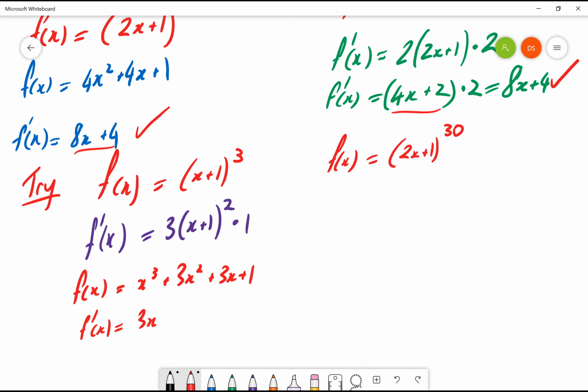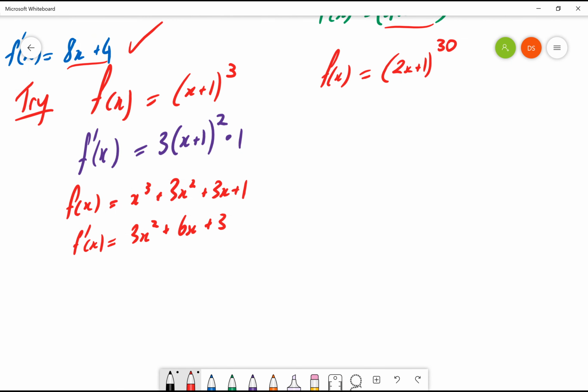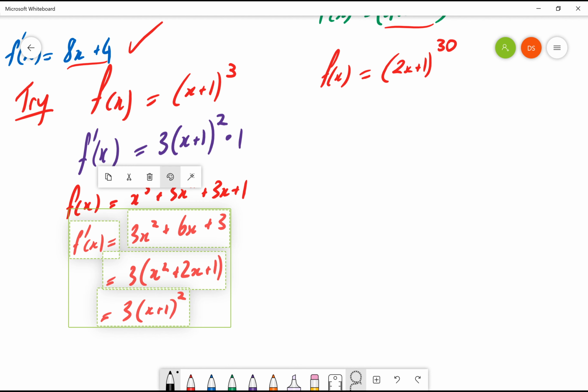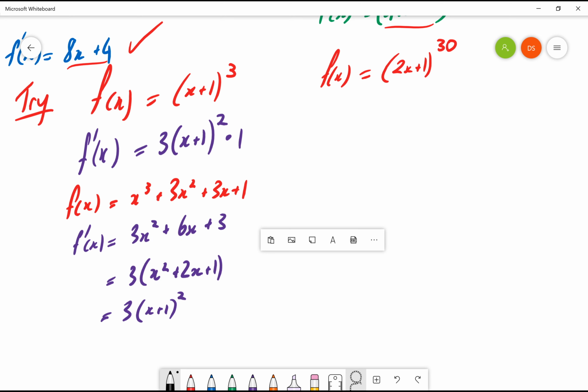I get 3x squared plus 6x plus 3, which is equal to 3 times x squared plus 2x plus 1, which is 3 times x plus 1 squared. So in fact, it's a coincidence that this one worked without our new rule. Okay. So this one and this one is fine, but let's try this one here.